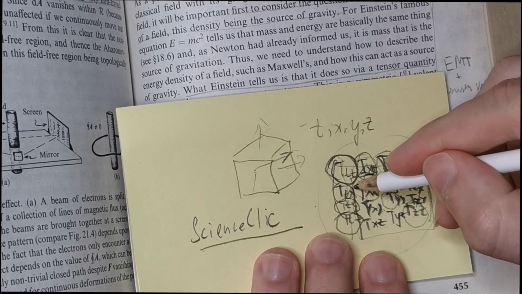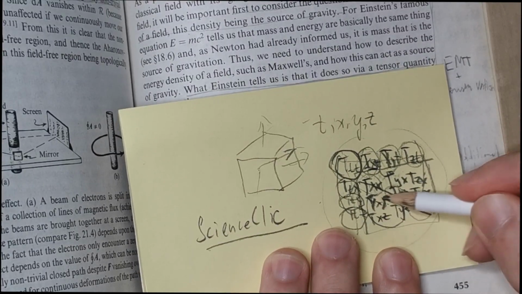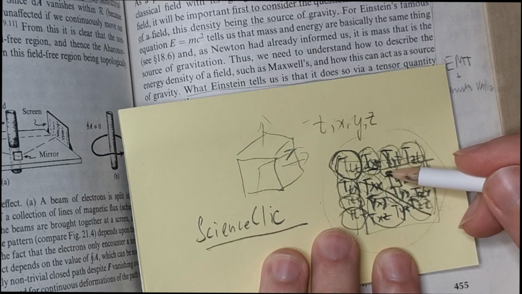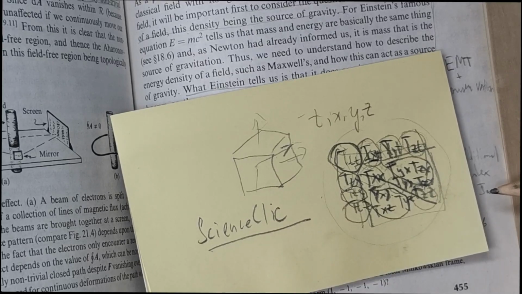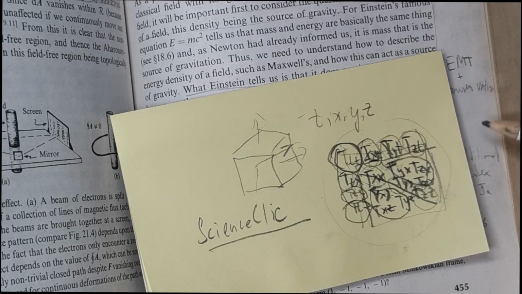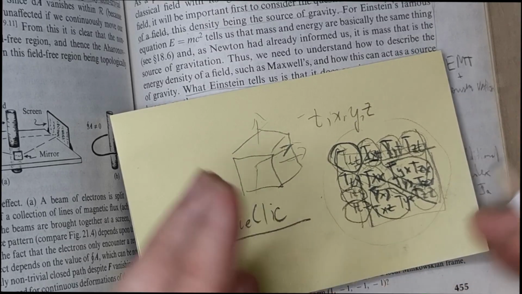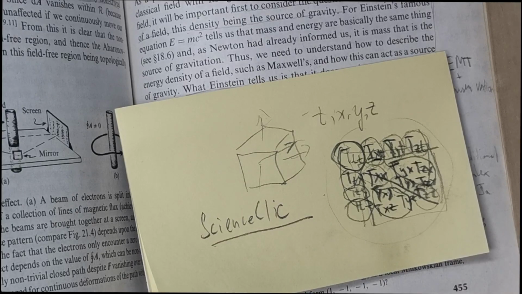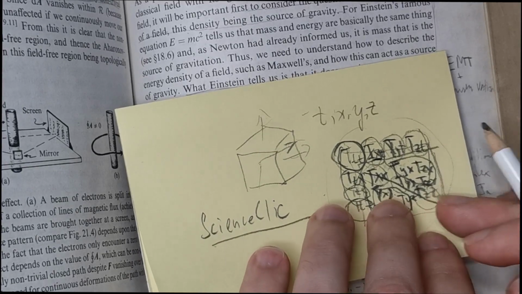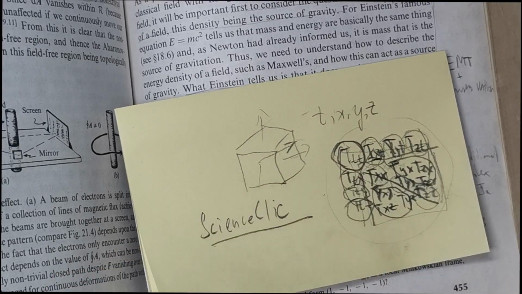So the diagonal has pressure, and the upper and lower triangular terms are called viscosity. I think the metaphor of the fluid is really applicable here, and those terms are analogous to the movement of a fluid in space.